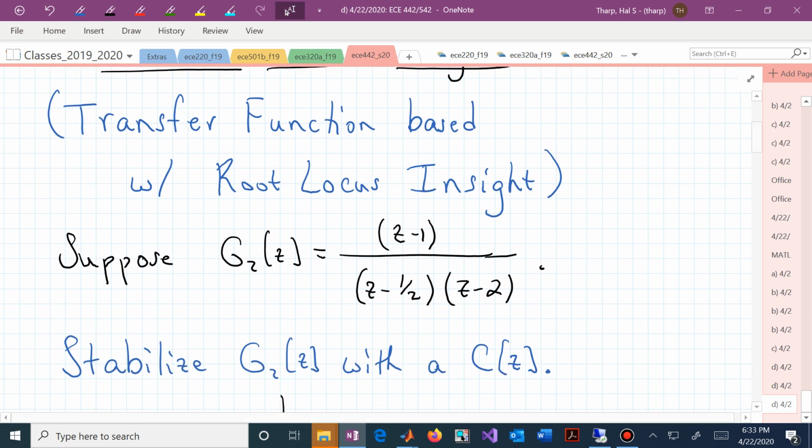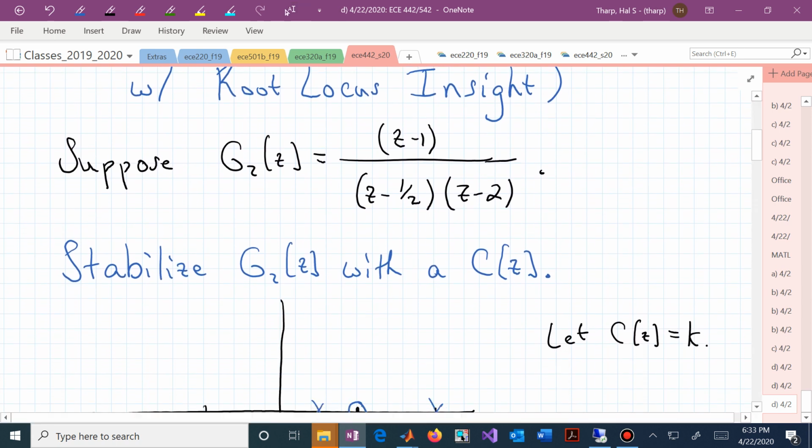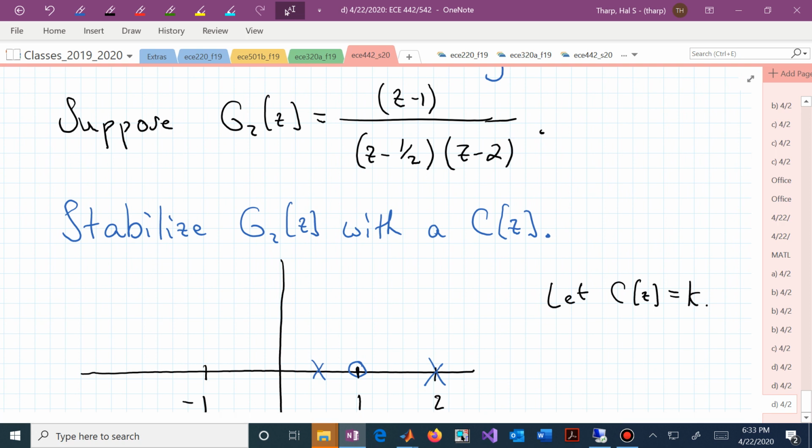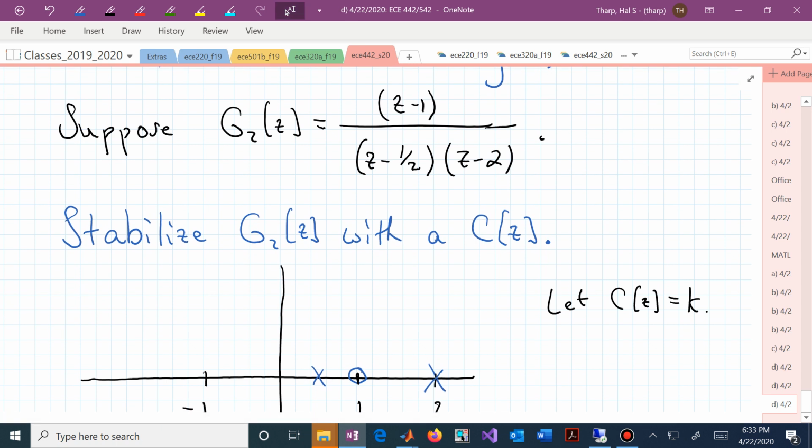So suppose somebody provides us with the following transfer function, g sub 2 of z. It's now unstable. We have a 0 at 1, and we have another pole at 1/2. So now somebody says, well, can you stabilize that system with a controller c of z? If we let c of z be a constant gain controller, what's going to happen? What's the root locus?